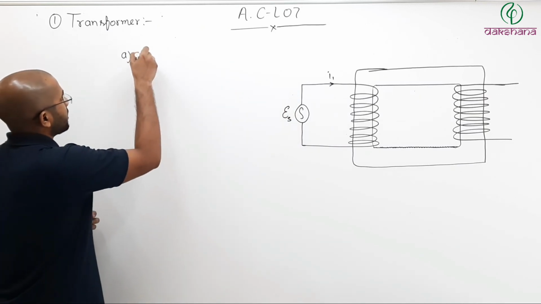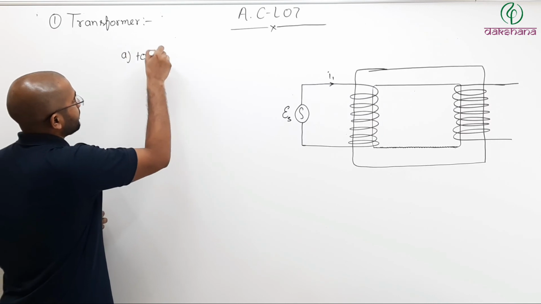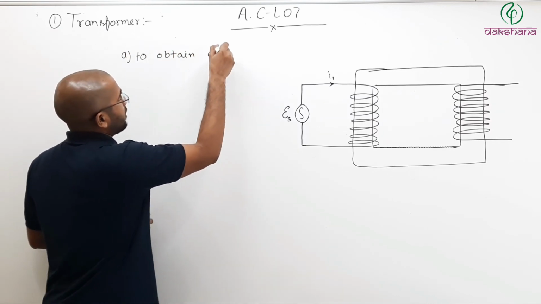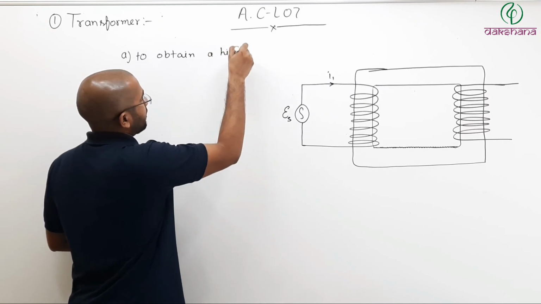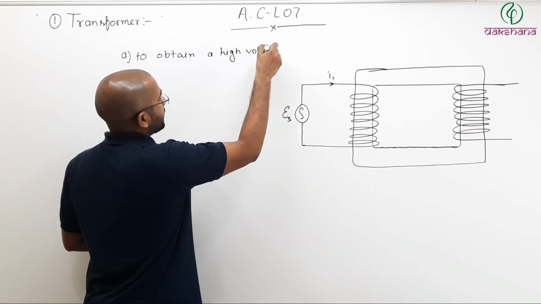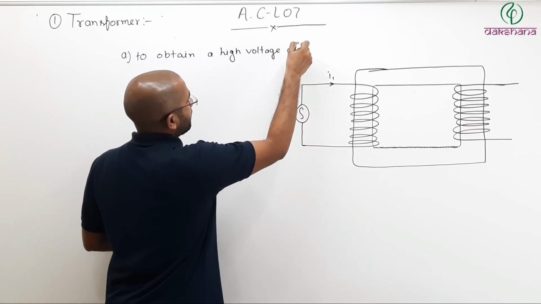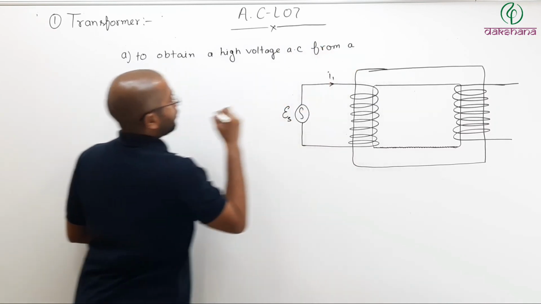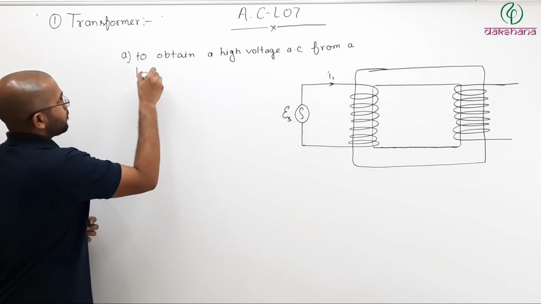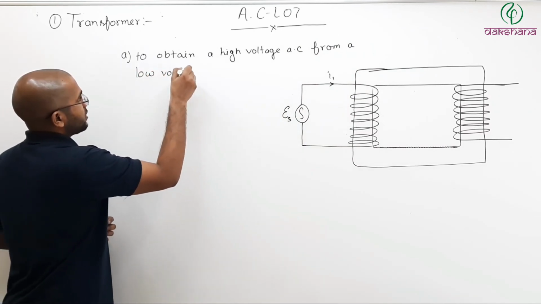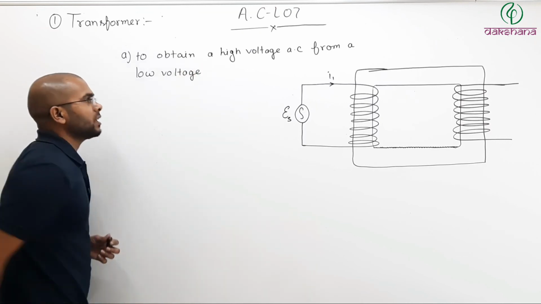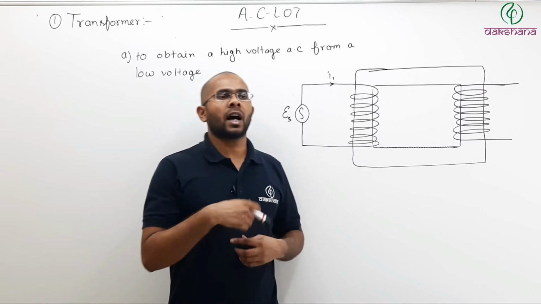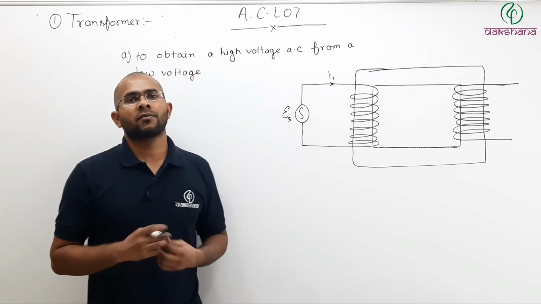So number one purpose is to obtain a high voltage AC from a low voltage AC. Meaning you have an AC source for a certain frequency. What a transformer can do is give you a high voltage AC for the same frequency.